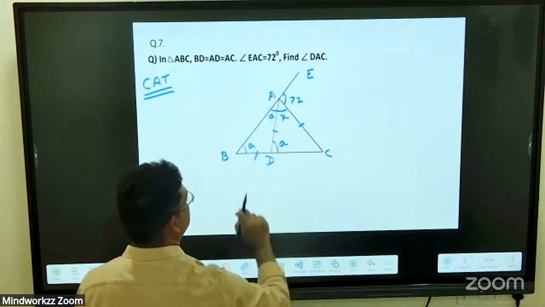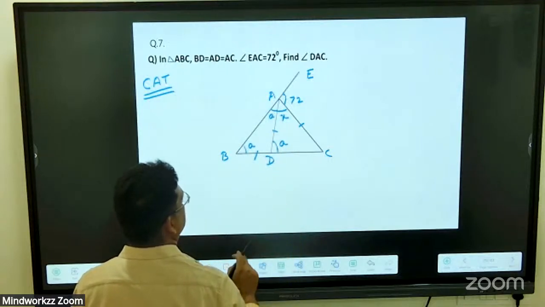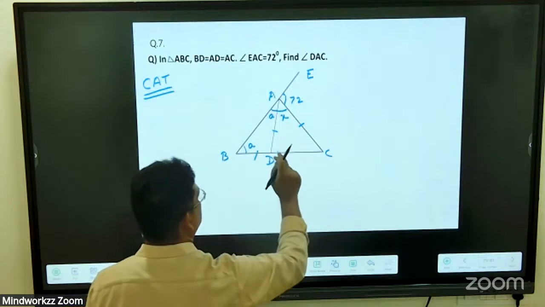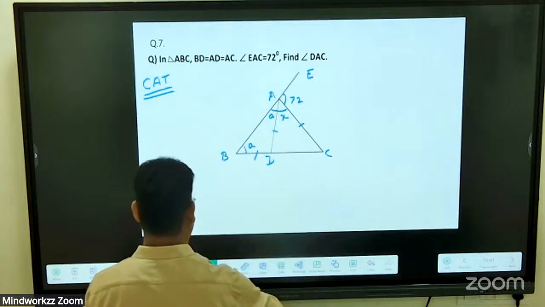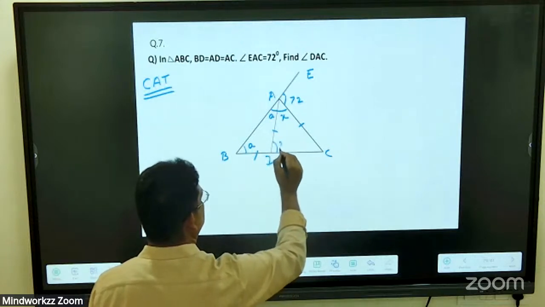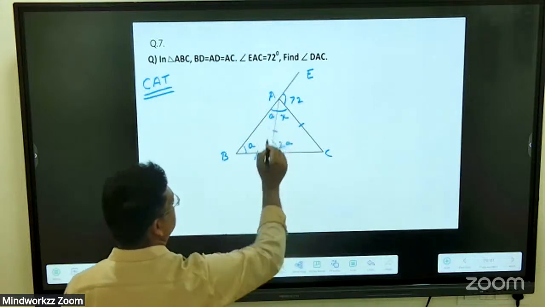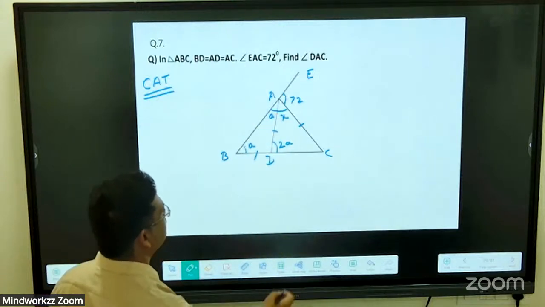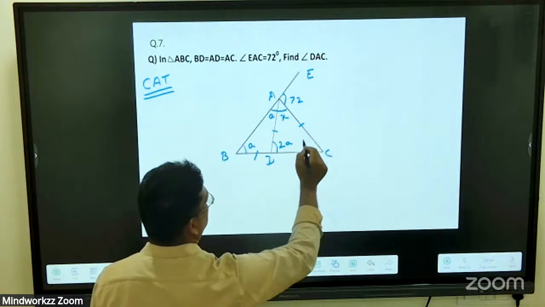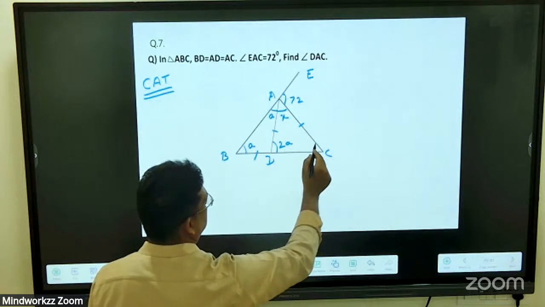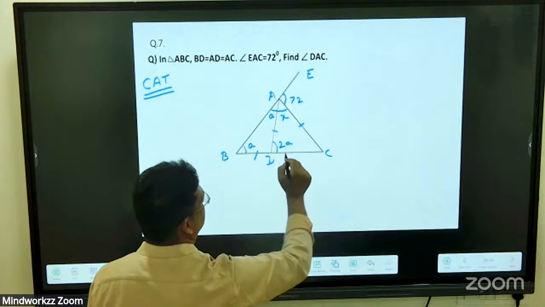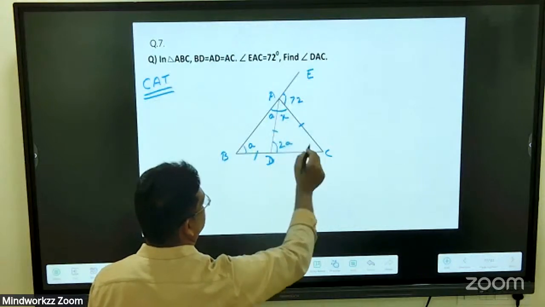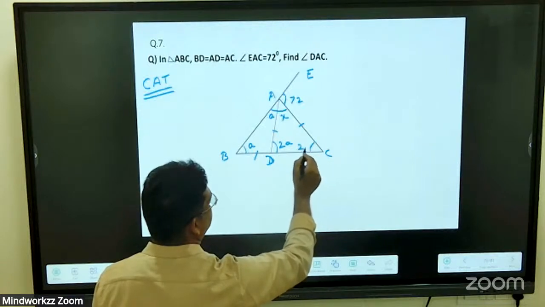So this and this will be angle A, and they will be equal. But this will be 2A, right? Why 2A? Because this is an exterior angle to this triangle, right? And in this triangle, we know that this side and this side are equal, and sides AB and AC are equal. So this will also be 2A, right?